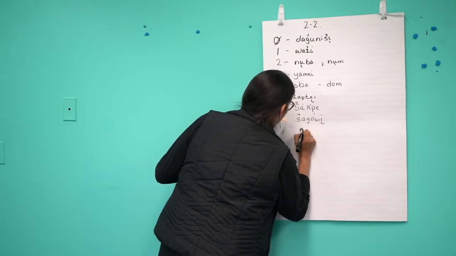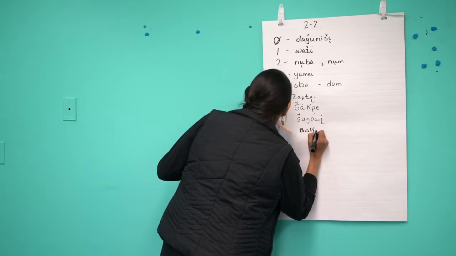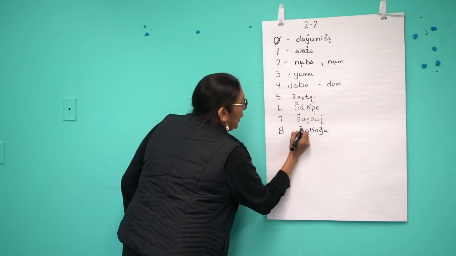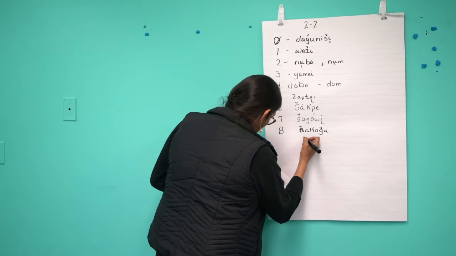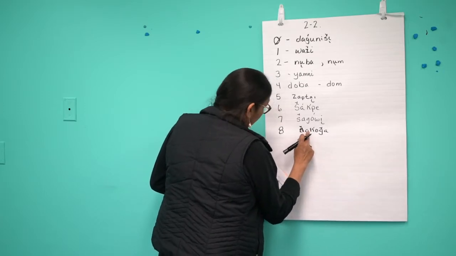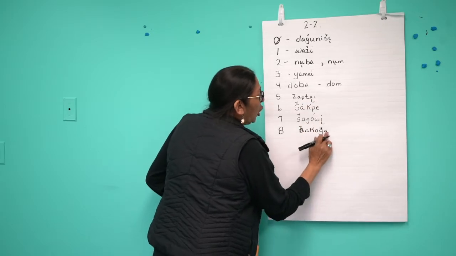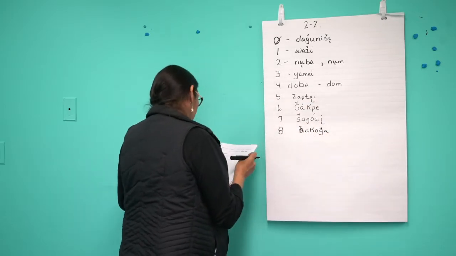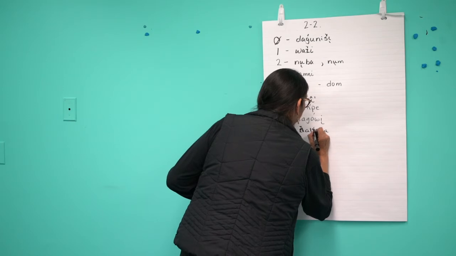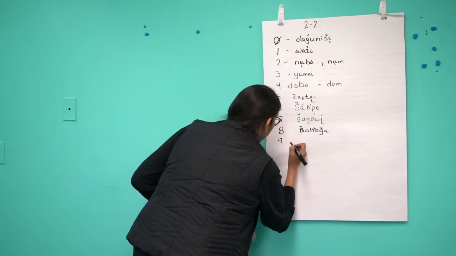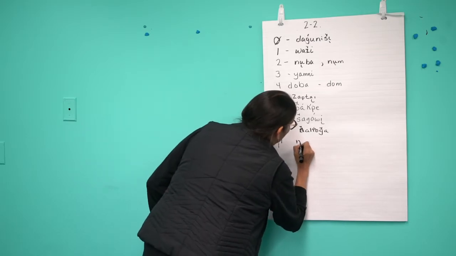Shaknoha. Again, your S is shak, and that's not a nasalized A. Zapta, shago, shaknoha. Shaknoha, noha. 8, 9.